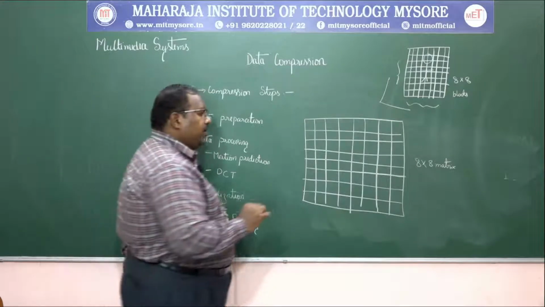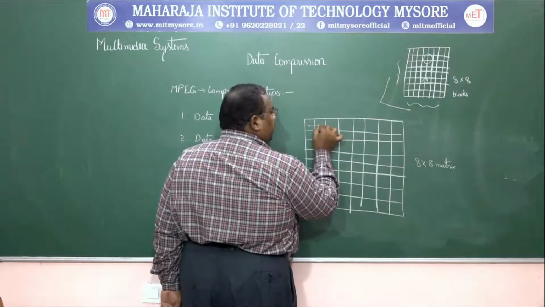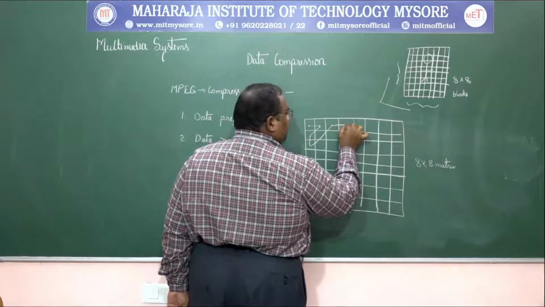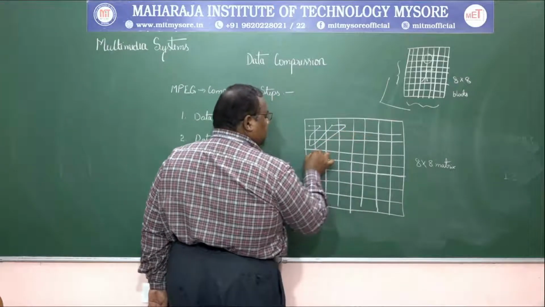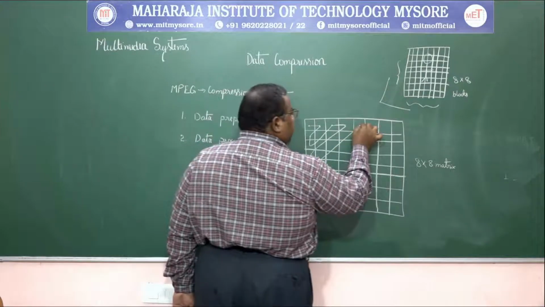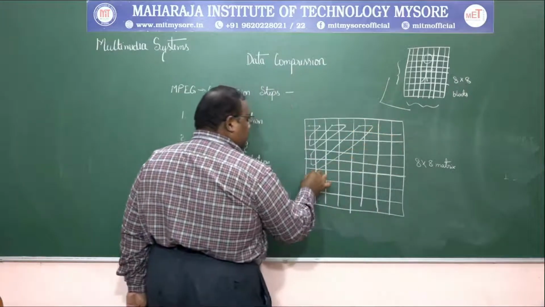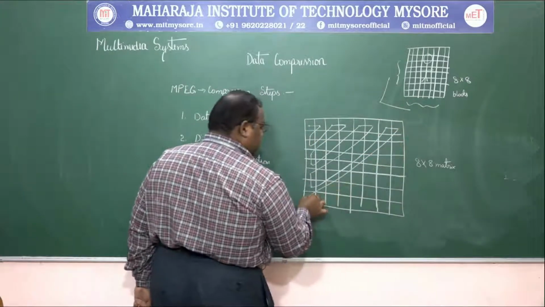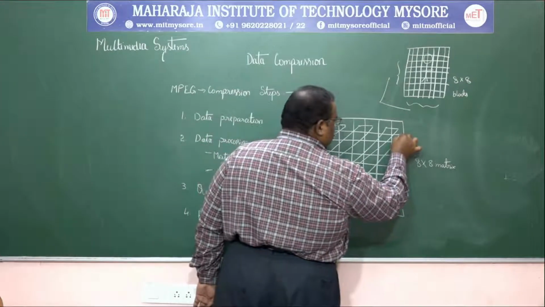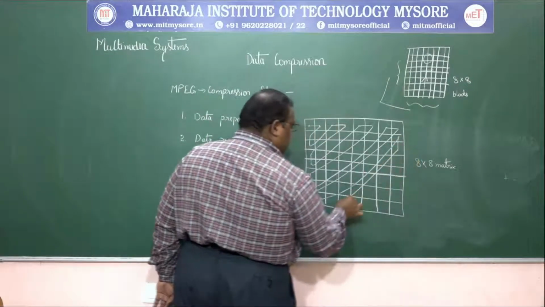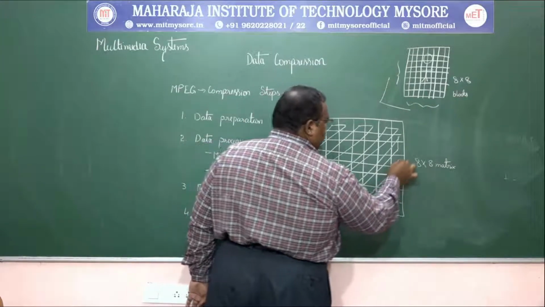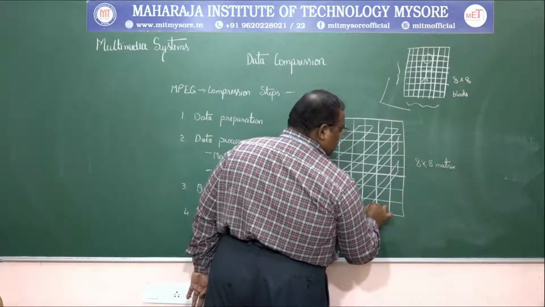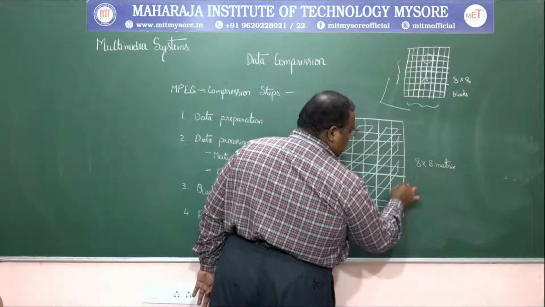See here, from this point to this point and come back here, from 1 to 2, again go back here, 1 to 2, again come back, 1 to 2, and so on.